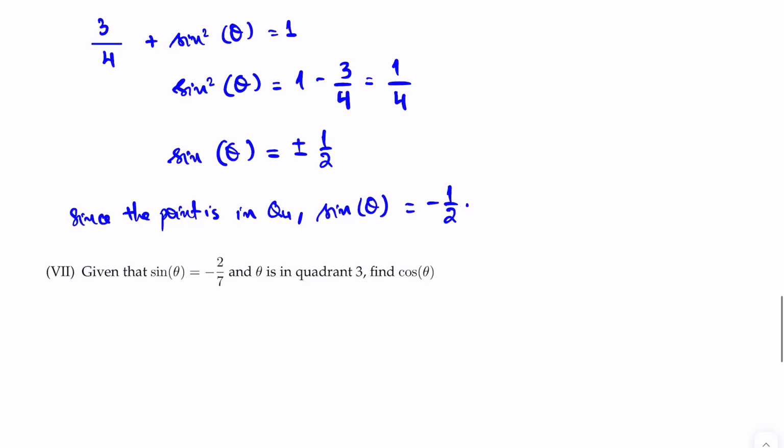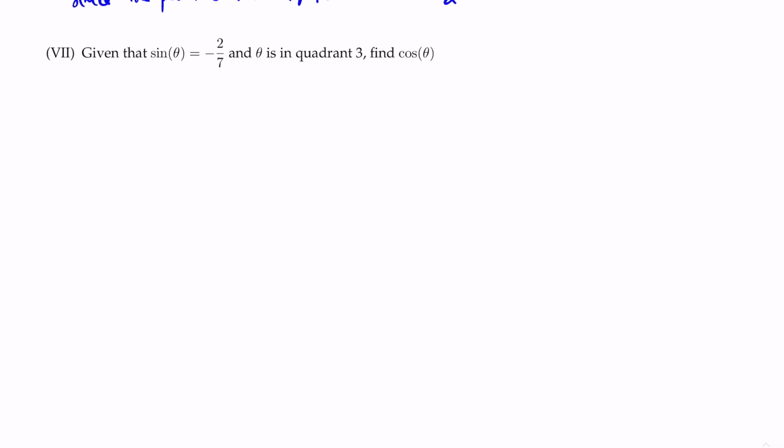Now we see a similar problem in the next exercise, where sine of theta equal to negative 2 over 7. Right, and theta is in quadrant 3, and you want to find cosine of theta. So theta is in quadrant 3, which indicates that cosine is negative and sine is also negative. So sine is equal to negative 2 over 7. Let's find cosine of theta. So start out with this equation again, for sine of theta equal to negative 2 over 7.